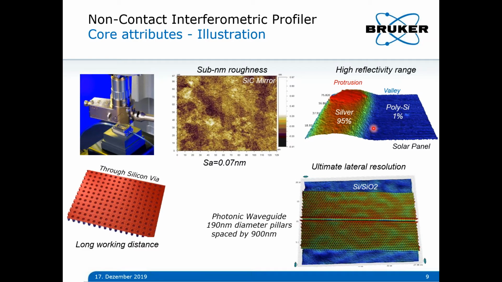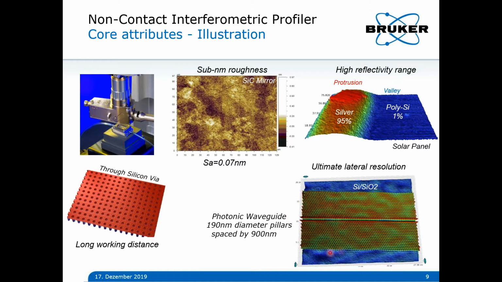And last but not least, an example of the ultimate lateral resolution we can expect with that technique. While we're using white light, we can still, in some conditions, break the standard diffraction limit criteria.